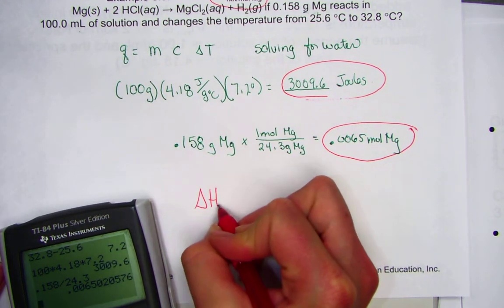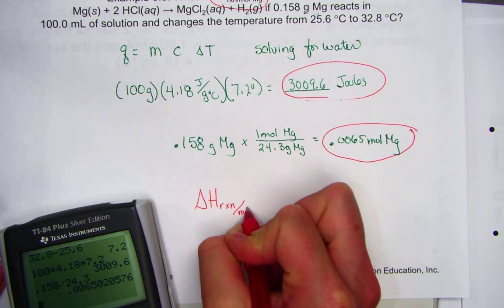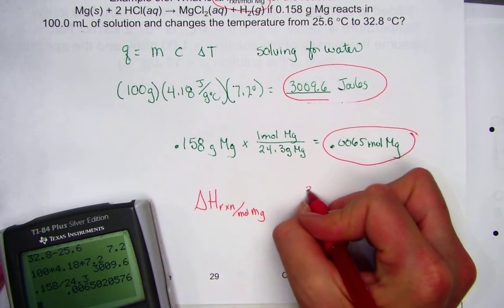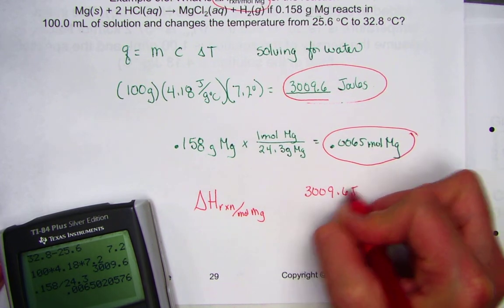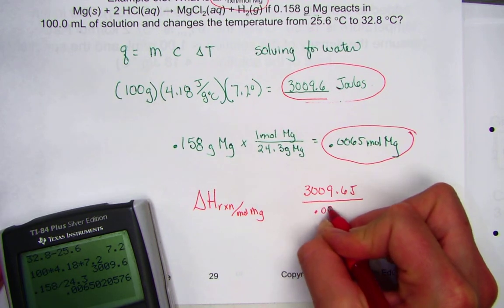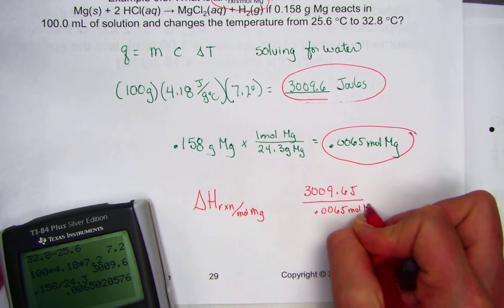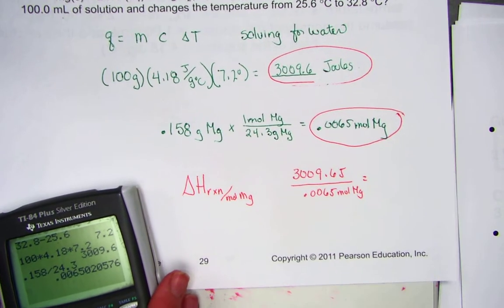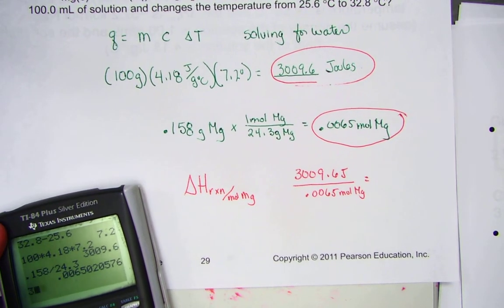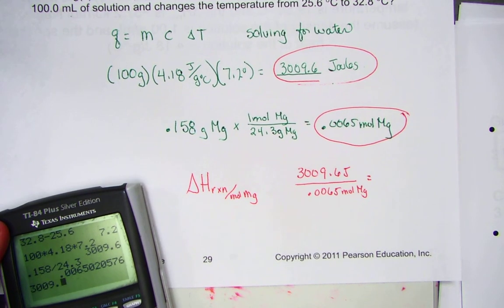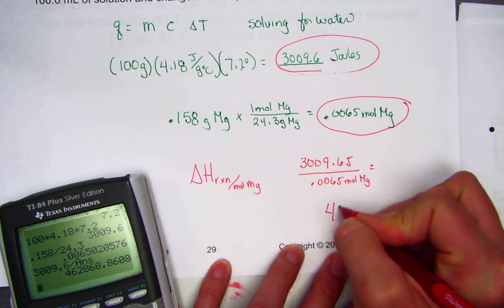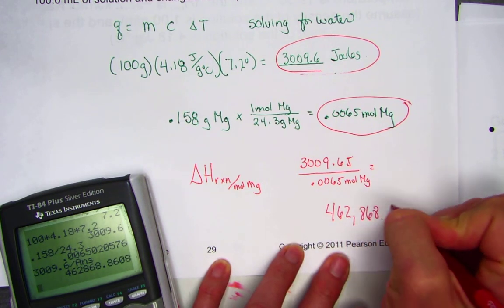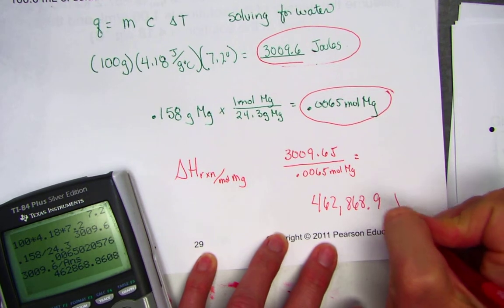The delta H for the reaction per mole of magnesium is simply found by taking 3009.6 joules, dividing it by our mole number solved above, and just getting to the desired units of joules per mole. 3009.6 divided by that previous answer, the moles of magnesium, and we get a large number, 462,868, and I'll round 0.9 joules of energy.